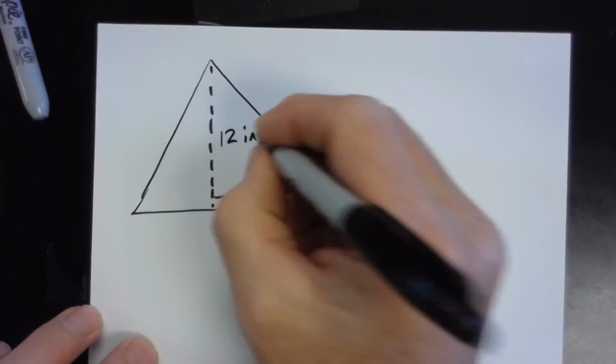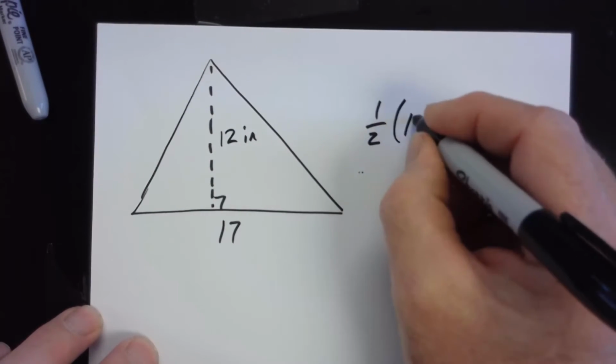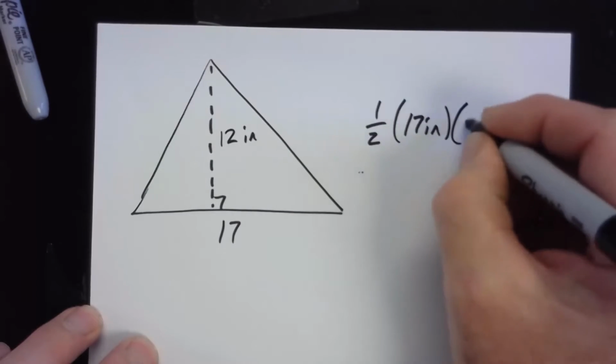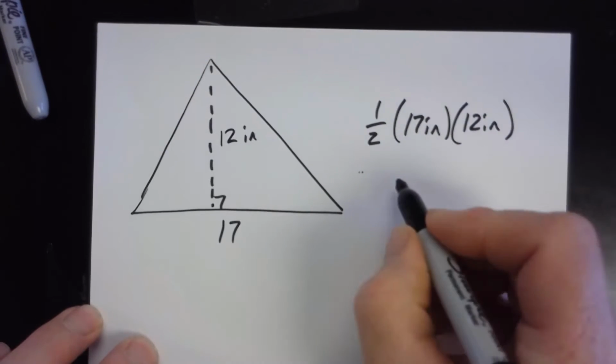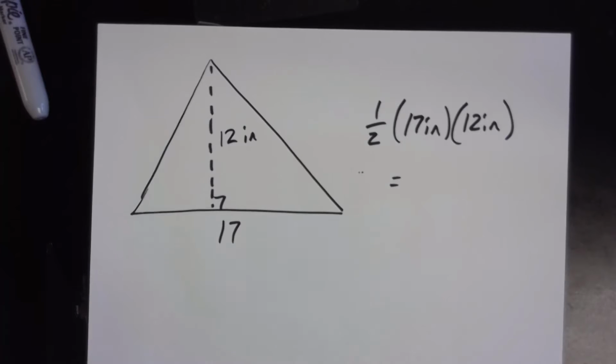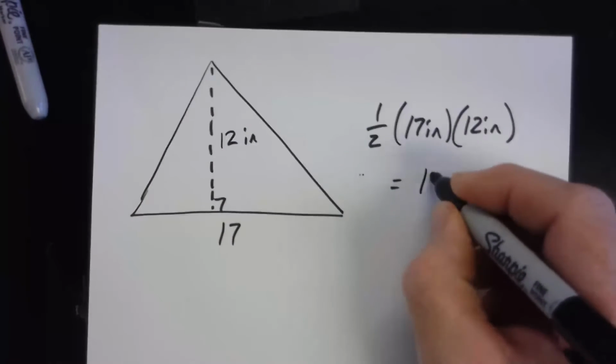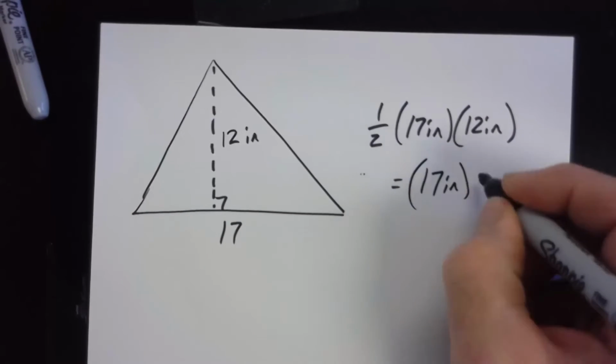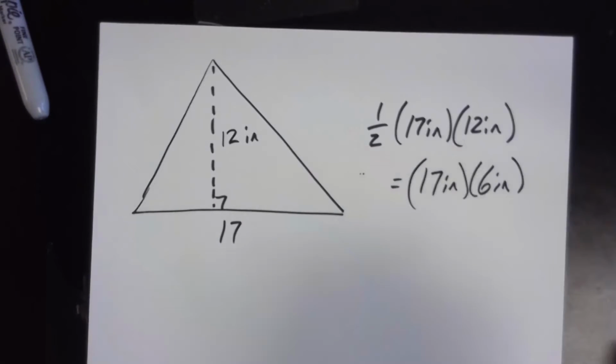So this is in inches, so half the base times the height. Anybody know 17 times 12? No. Anybody know half of 17? No. Anybody know half of 12? 6. Okay, so 17 inches times 6, we can do that.